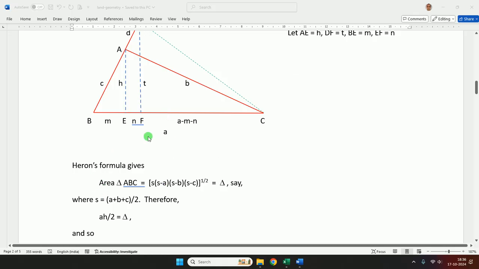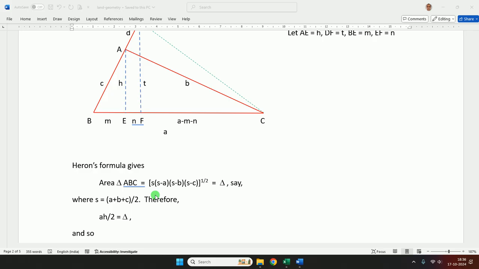Now using Heron's formula for this triangle whose sides a, b, c are known, the area is equal to the square root of s into s minus a into s minus b into s minus c. Suppose this is equal to delta, where s stands for the semi-perimeter of the triangle ABC, which is given by a plus b plus c divided by 2, the sum of the lengths of the sides divided by 2.